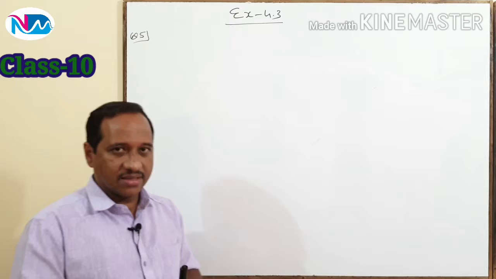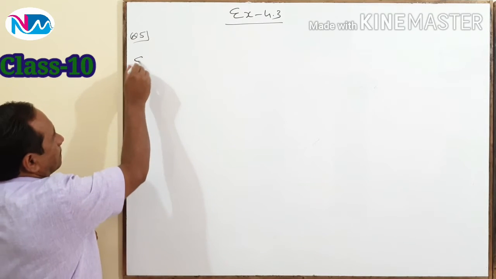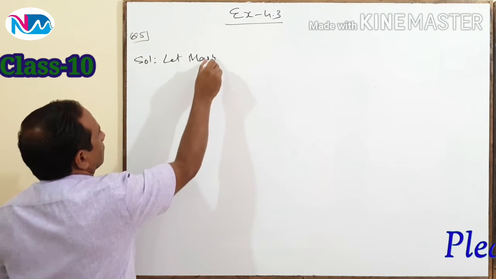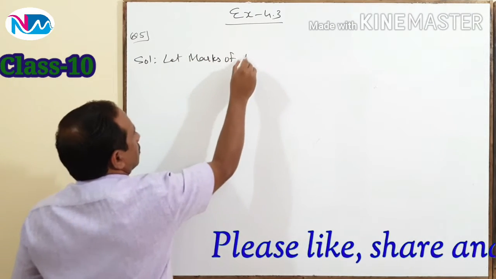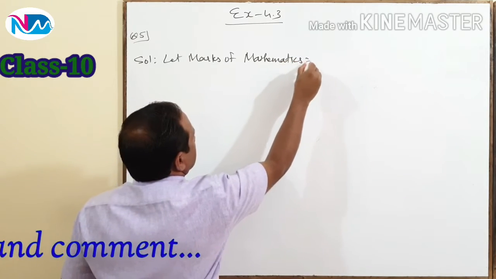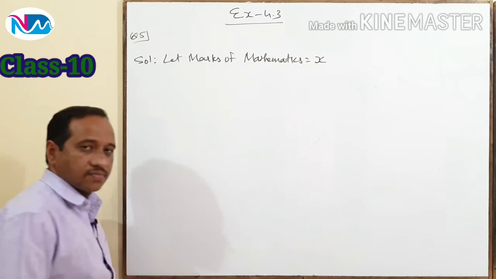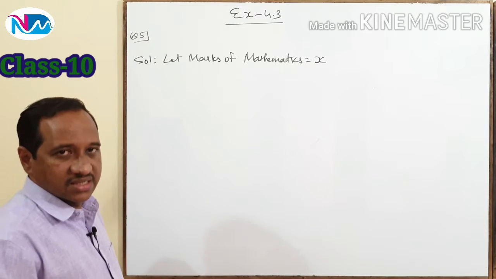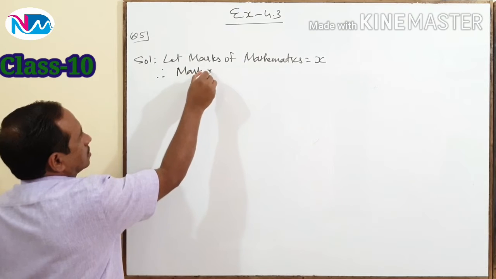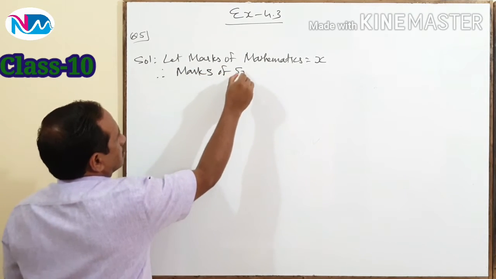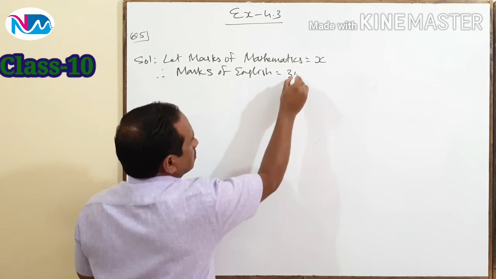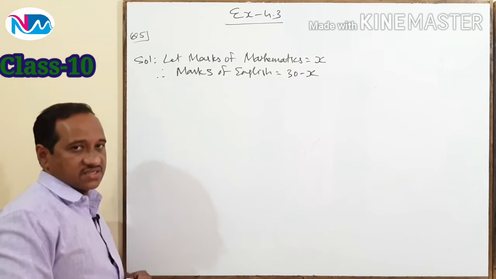So here I assign, let marks of mathematics is equal to x. Since the sum of the marks is 30, marks of English is equal to 30 minus x.